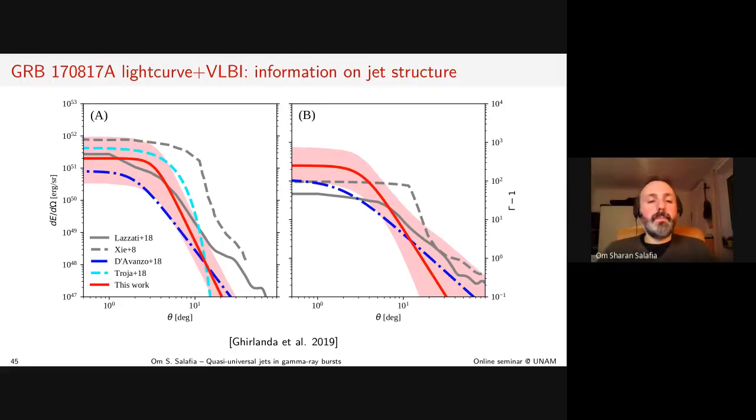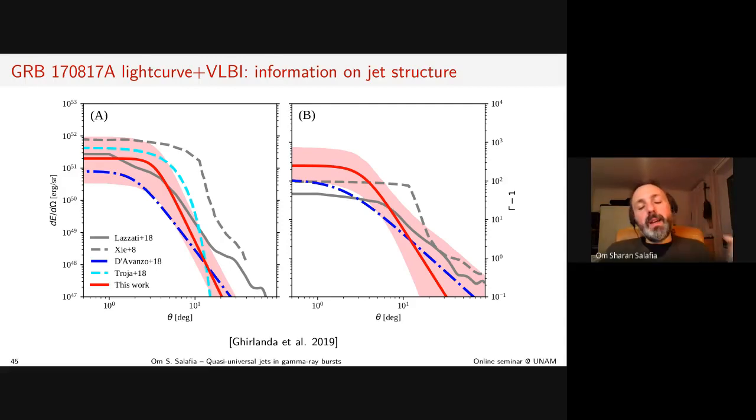So basically, yes, if you only have the light curves, you have a whole lot of parameters which can give you the correct light curves. But if you need to also reproduce the observed centroid motion from the VLBI, then this quite narrows down much more the allowed values, especially of the ratio of the energy in the jet over the density and also of the viewing angle.